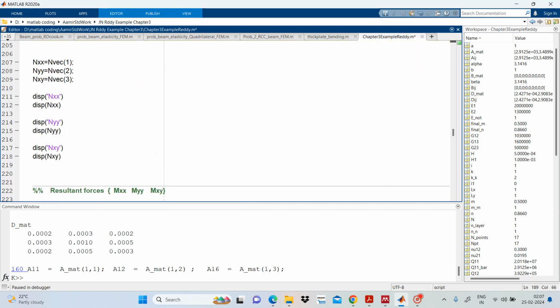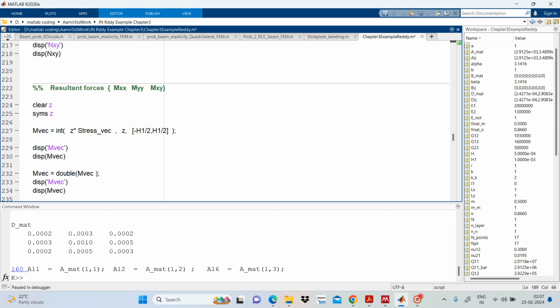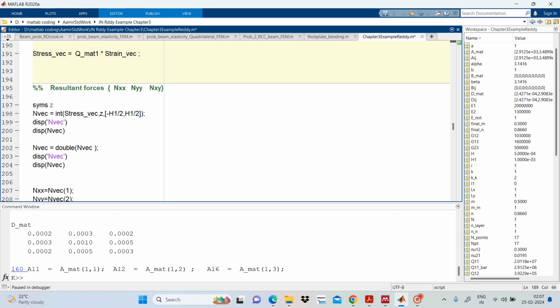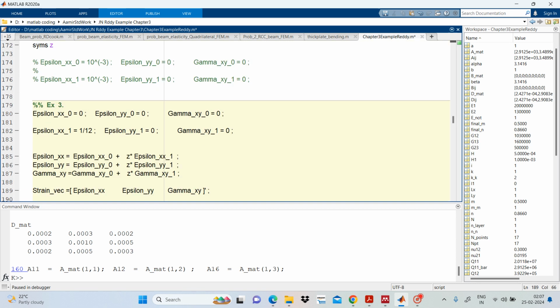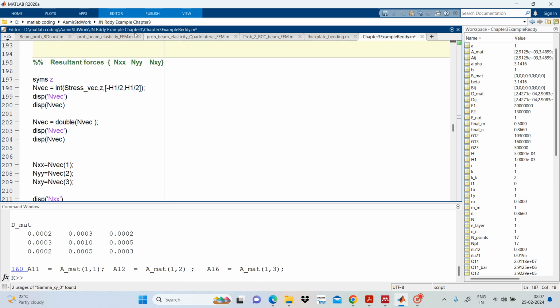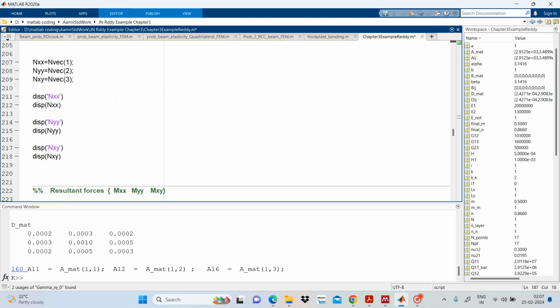Now we want to calculate the bending moments and the resultant axial forces. The resultant axial forces would be 0 because the stretching part is 0 everywhere. Now we will run the code and see what results we get.